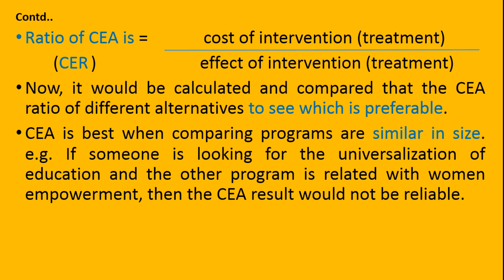For example, if someone is looking at the universalization of education and another program is related to women empowerment, the two programs are different. Universalization of education and women empowerment are both different programs. Then the cost effective analysis result would not be reliable. So both programs must be similar in size when you calculate cost effective analysis.